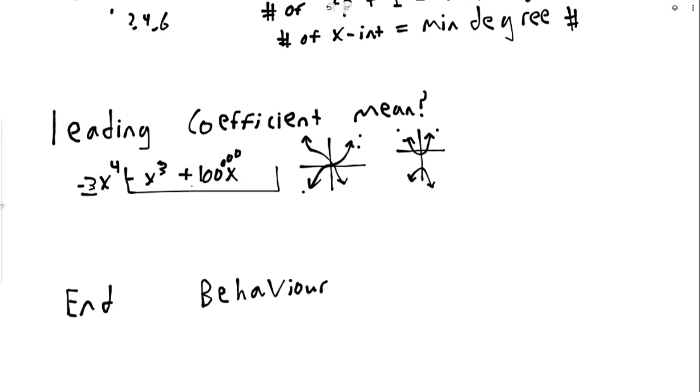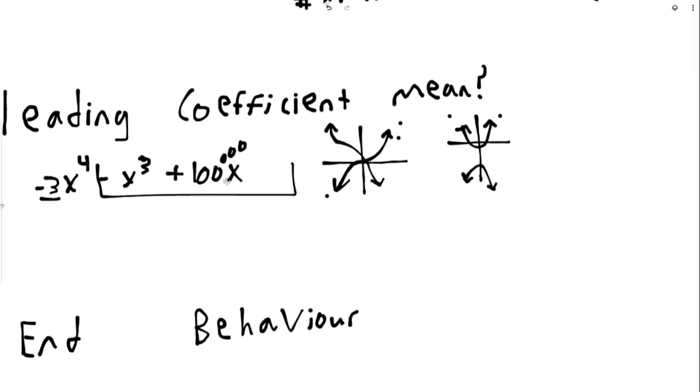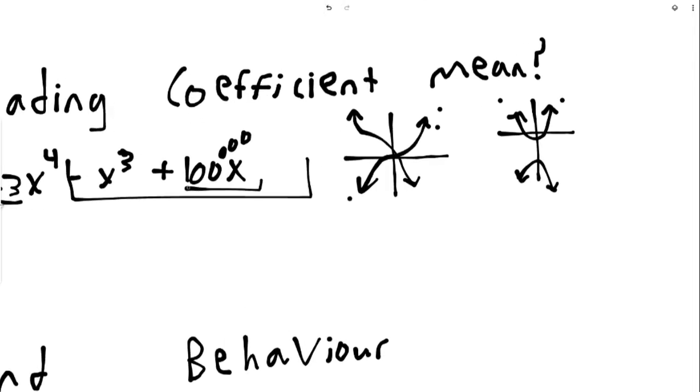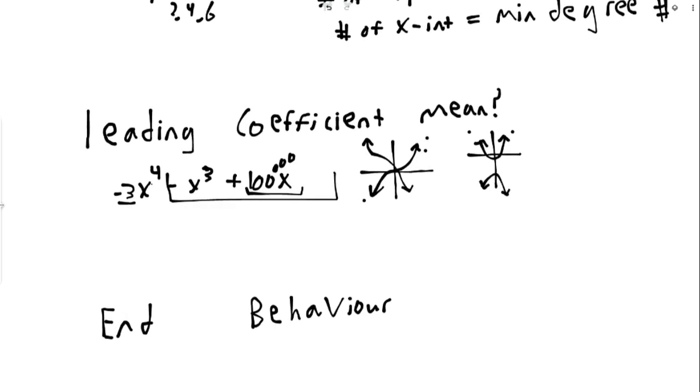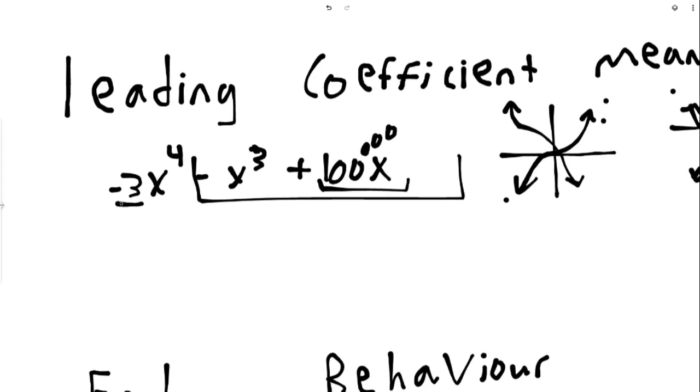At the start, near 0, it may look like this one has the most power. But for x to the power of 4, if you put x equals infinity, then this number right here is going to be the primary number in deciding direction.